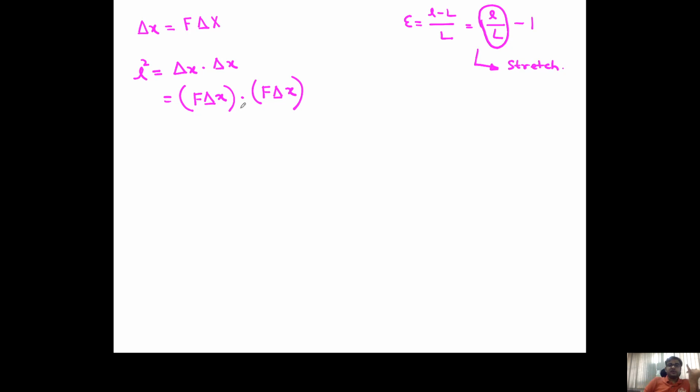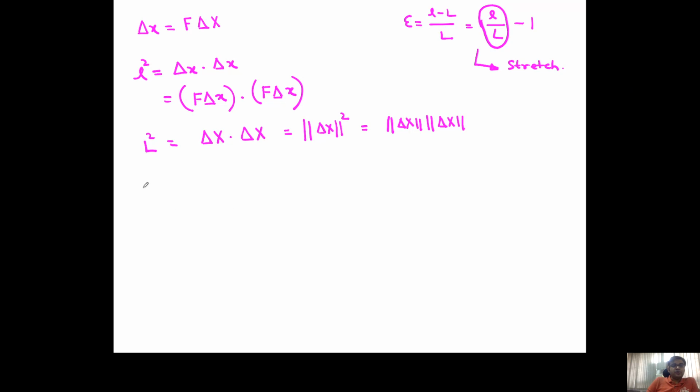And then if you take this capital L square, that becomes capital X dot capital X, right? And what is capital X dot capital X? The del X is nothing but magnitude of del X square, which means I can write it as magnitude of del X times magnitude of del X.